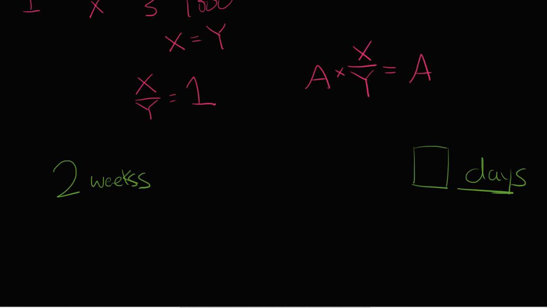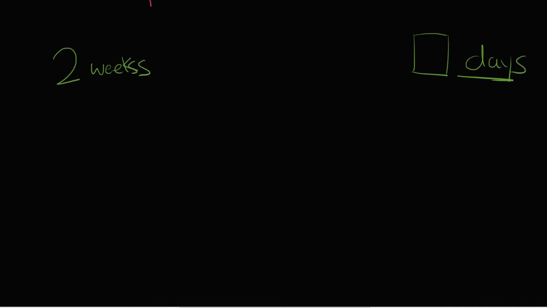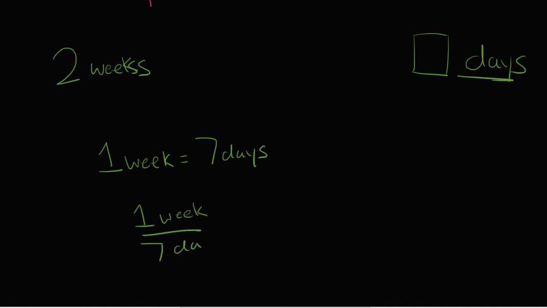Now, I want to deal with what equations I have. So what do I know? I know that 1 week is equal to 7 days. Now, just like I had in my x and y example, I can write this as a ratio, right? I can write 1 week over 7 days, or I can write 7 days over 1 week.